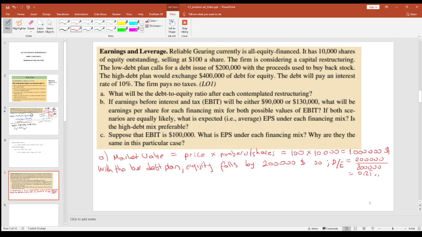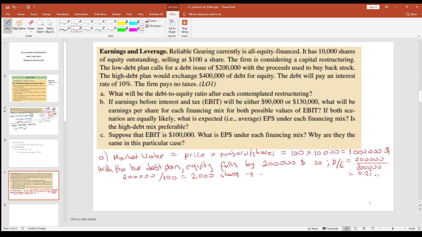And in this case, if you pay attention, how many shares remain outstanding? Remember, here the number of shares will be, if you spend $200,000, divide by 100, this will be equal to 2,000 shares.